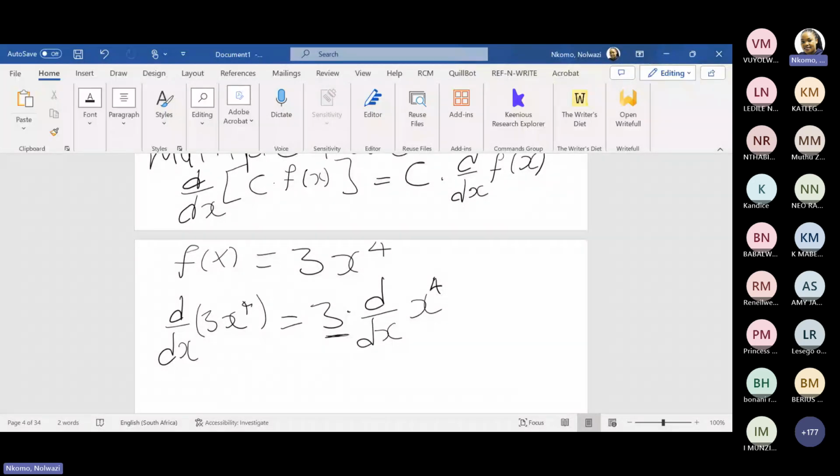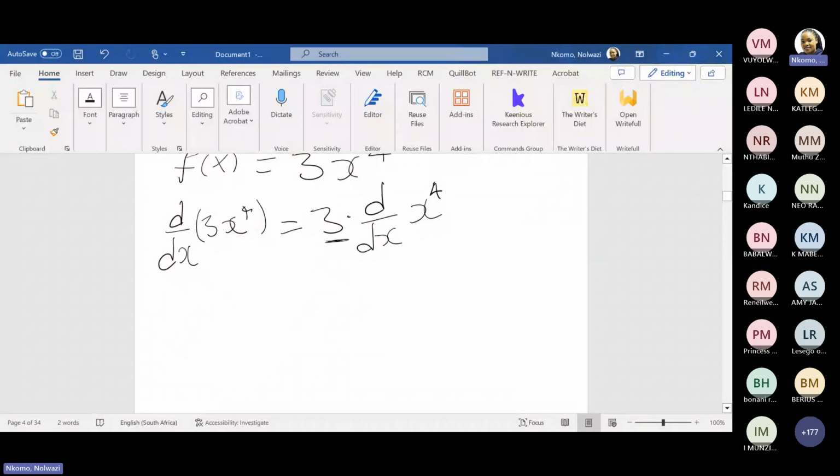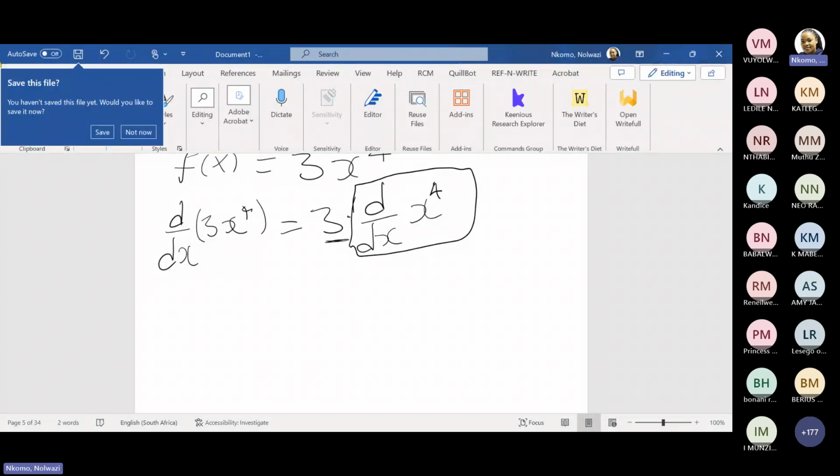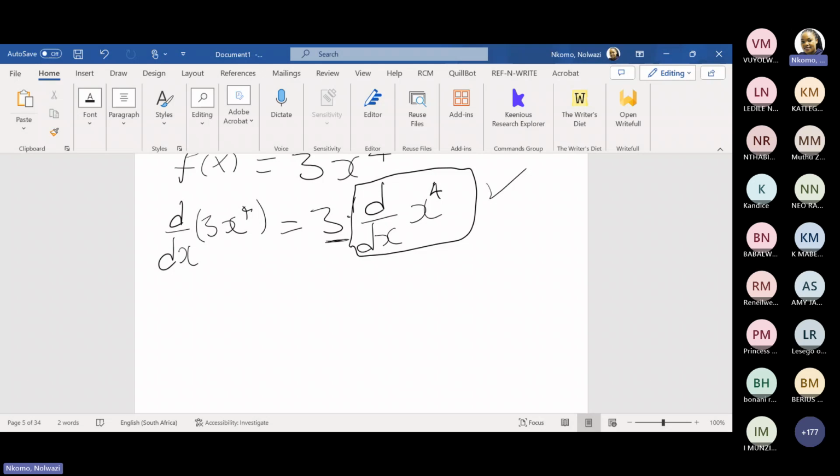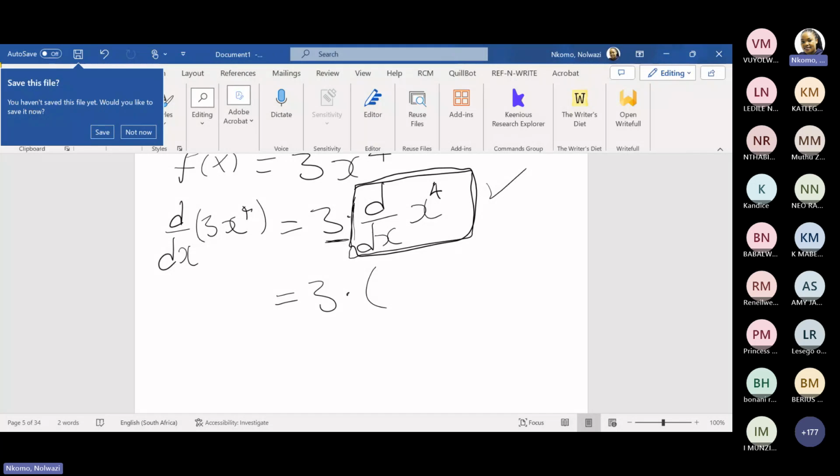We do not leave it here. Now it's in the form of a power rule, so we can use the power rule here. If you compare this to the power rule, you can conclude that your n is 4.